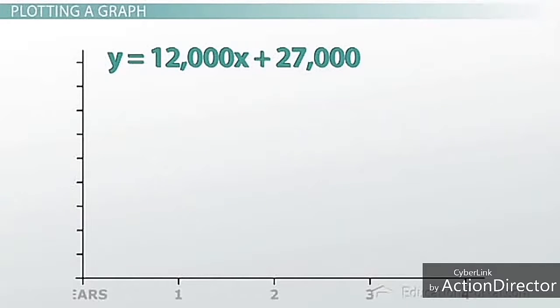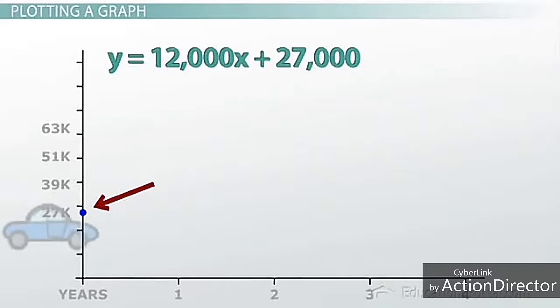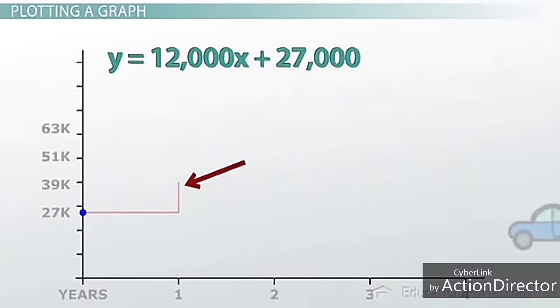When I want to graph a linear equation, I use the y-intercept, the b value, as my beginning value on my graph. And before I had owned the car for a single day, it already had 27,000 miles on it because I got it used. Then, after 1 year, I was driving it along, and after year 1, I was up to 39,000 miles.